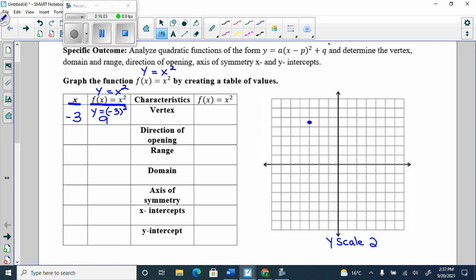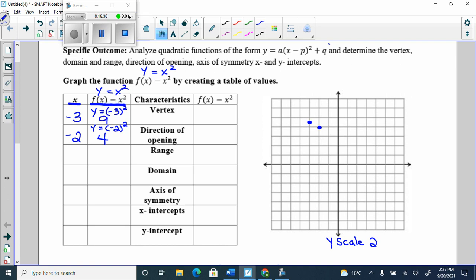Then I want to find the next one. Negative 2. So I'm going to go y equals (-2) squared, which is positive 4, because negative 2 squared just means negative 2 times negative 2. So I'm going to go negative 2 and 4. 1, 2, 3, 4. That's a lie. This is what you have to watch yourself to not do.